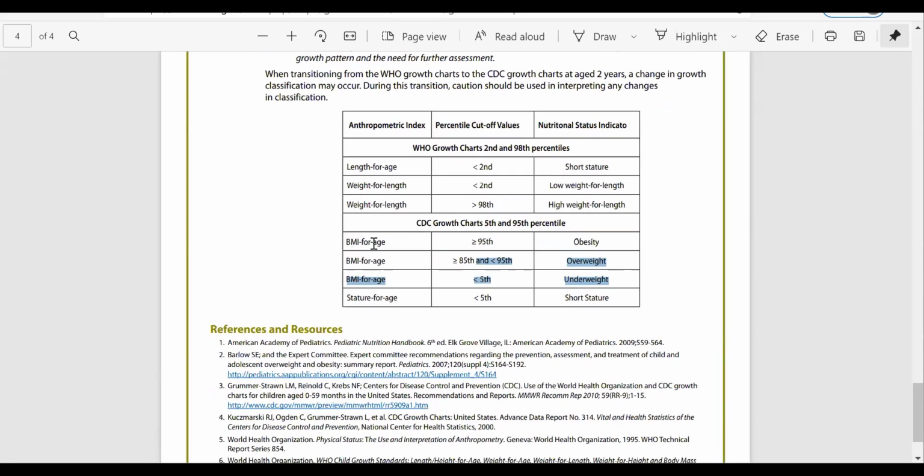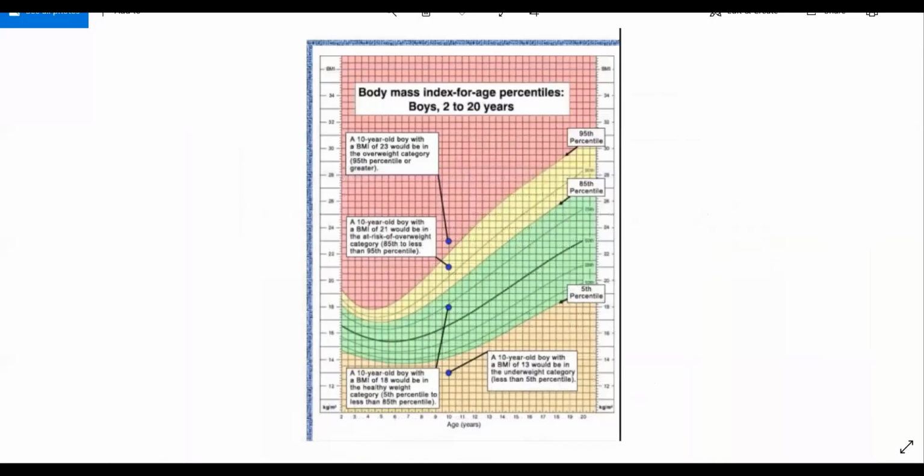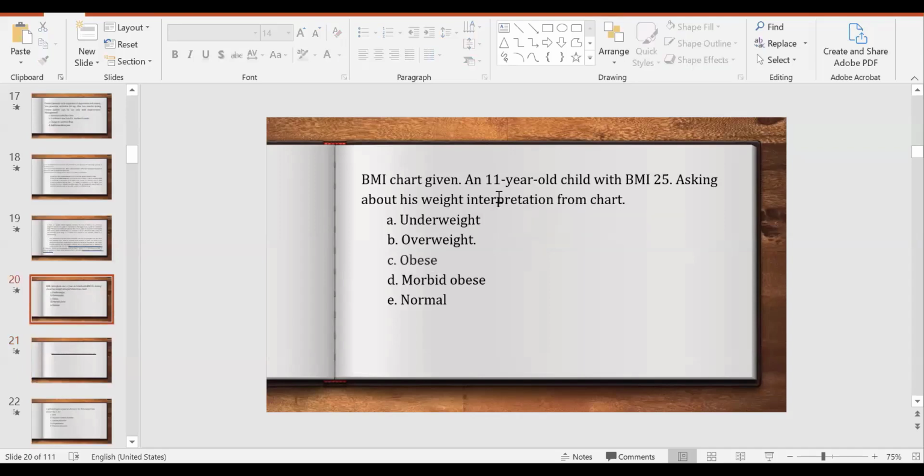So in this case, if we are looking for BMI for age, we use the CDC chart, and yes, it's right that usually above 2 years old, we use the CDC chart. Below 2 years old, we use the WHO chart. Okay, so what is the age of this kid? An 11-year-old girl will obviously use the CDC chart, and if we interpret, it was in between 95 and 97th, right?